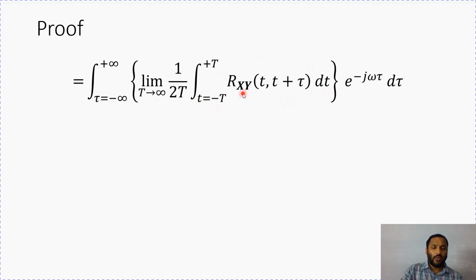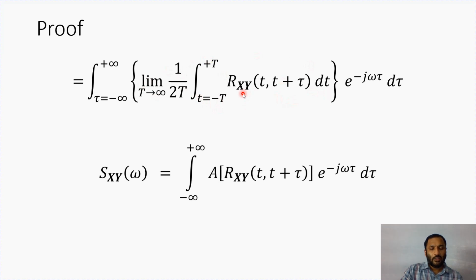Now I can substitute that with capital A of r xy of t comma t plus tau. Hence we have proved the very first fundamental result, that the cross PSD is equal to the Fourier transform of the time average function.